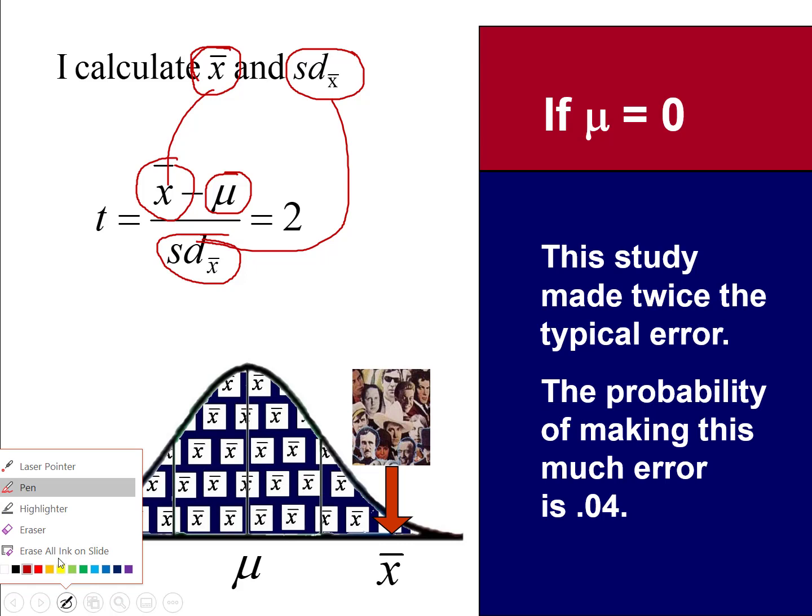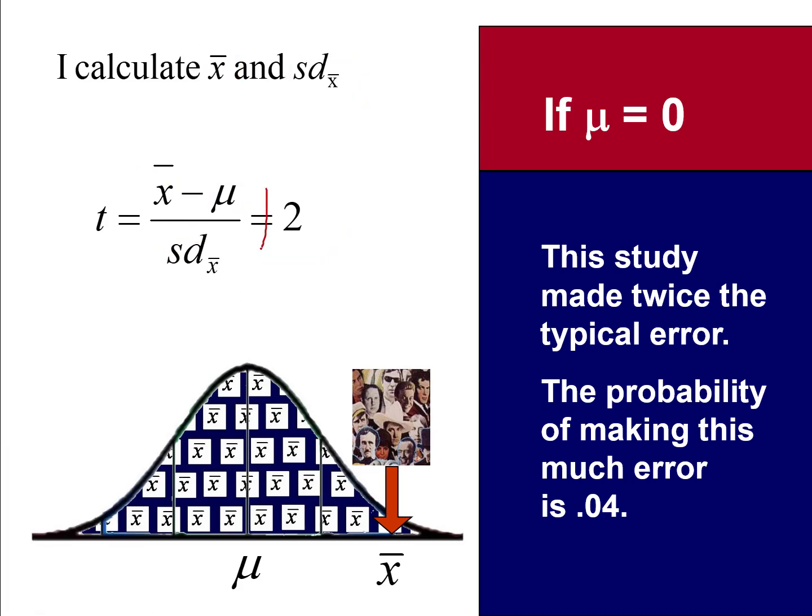For example, say I get a t-value that's equal to 2. Well, then I could say something like this. If the null hypothesis is true, again, that's an important preface, and I got a t-value of 2 under that assumption, that means this study made twice the typical error, which is quite a bit of error.